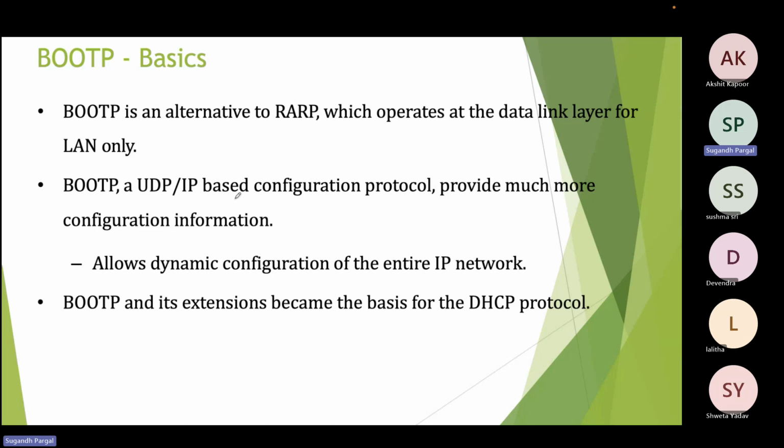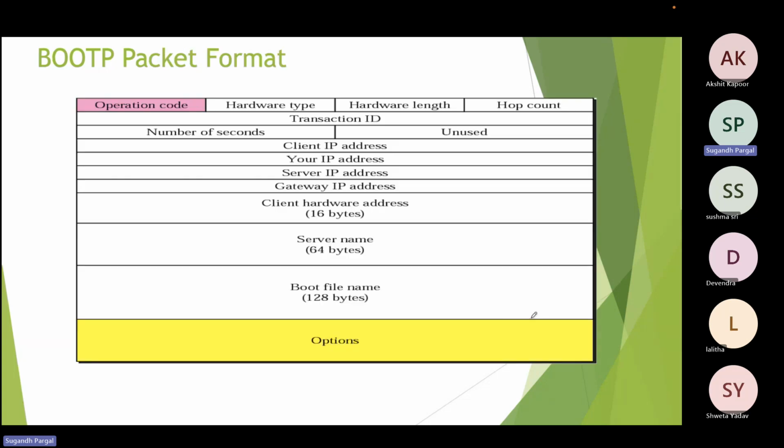BOOTP is a UDP/IP-based configuration protocol, which provides more configuration information and allows dynamic configuration for the entire IP network. So BOOTP and its extensions became the basis of the DHCP protocol. This is the packet format of BOOTP with different header fields, as you can see here.